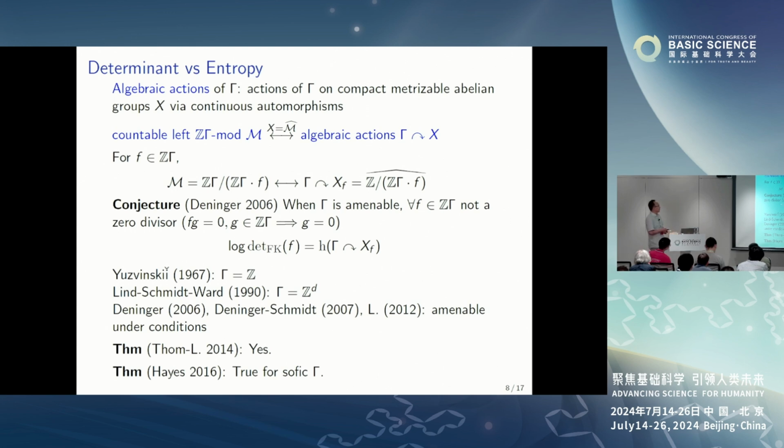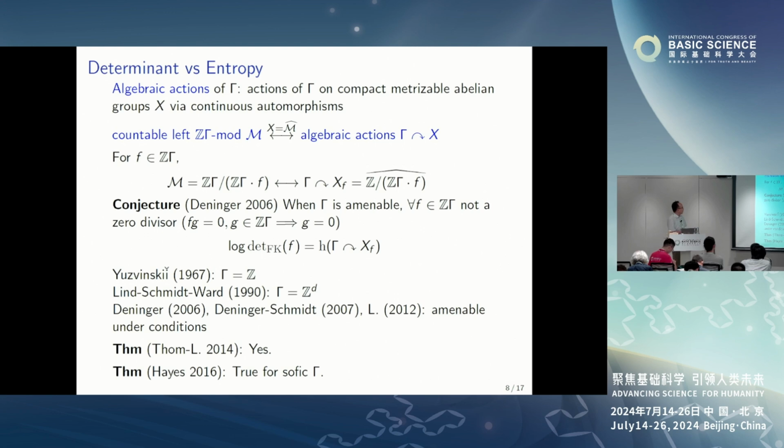This simply means that if f times g equals 0, where g is also in the integral group ring, then g should also be 0. Under this condition, he suggested that the entropy of the corresponding principal algebraic action should be equal to the Fuglede-Kadison determinant, but not precisely. You have to take a logarithm of the determinant, because on this side there is one exponential involved in the definition.